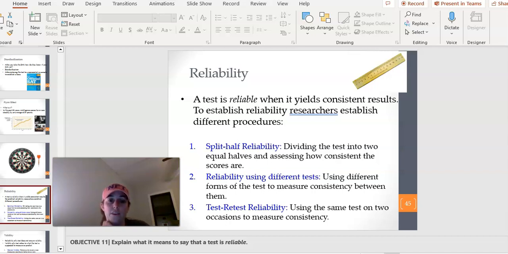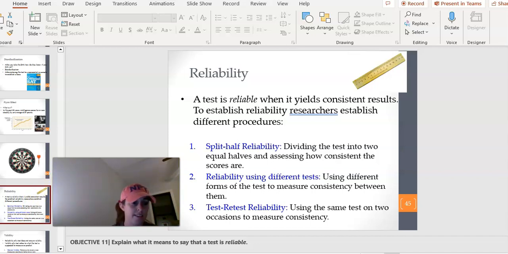You could also use different forms of the test. The SAT has different forms, Form A, Form B. A lot of those major standardized tests have this. And then you could just take the SAT and take it again, and that's how you find out if you're consistent. So retest, that's the one I just talked about, and then split test, split in half.